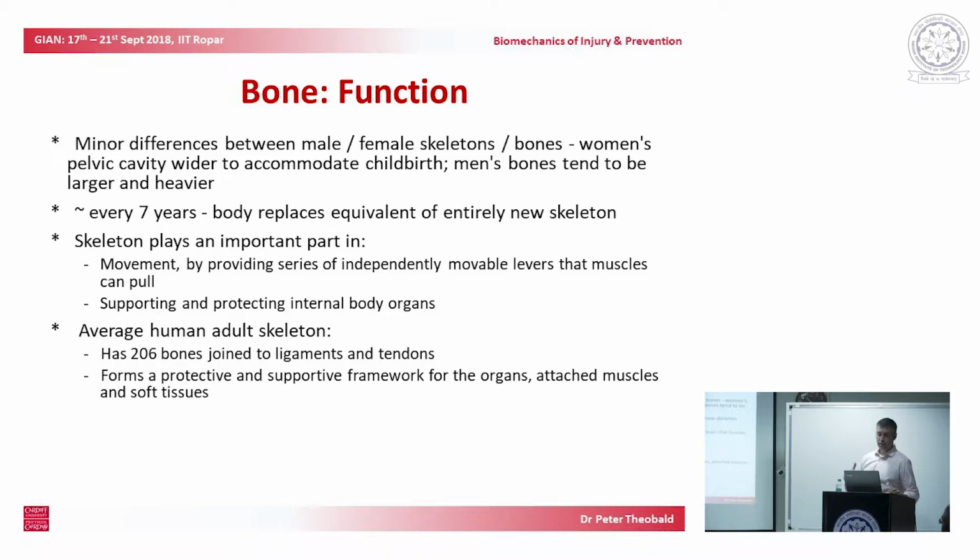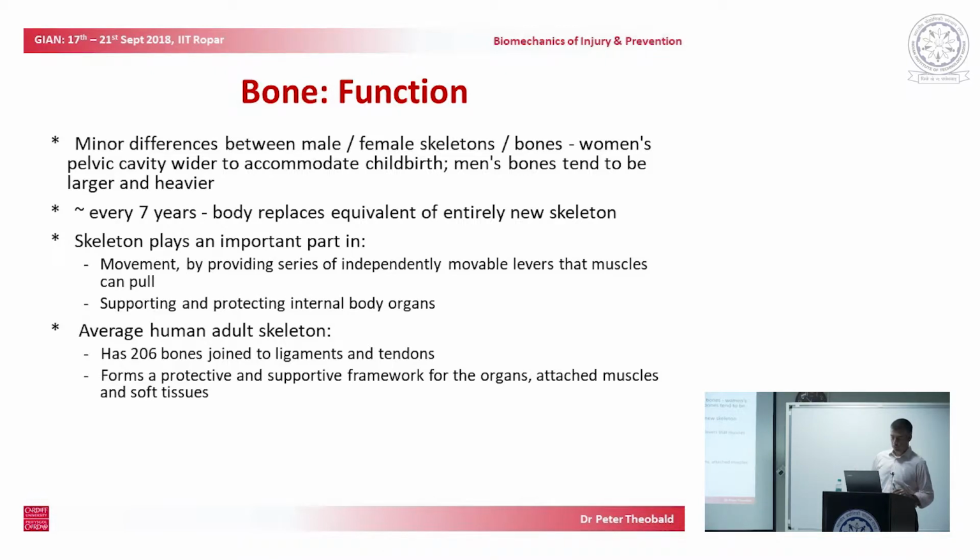And so the ability to continue to regrow and remodel is an important part of that. As a consequence of men being heavier and generally stronger, their bones are typically larger and heavier too. The skeleton is similar between male and female, apart from the predominant difference being in the pelvis of the female for childbirth.